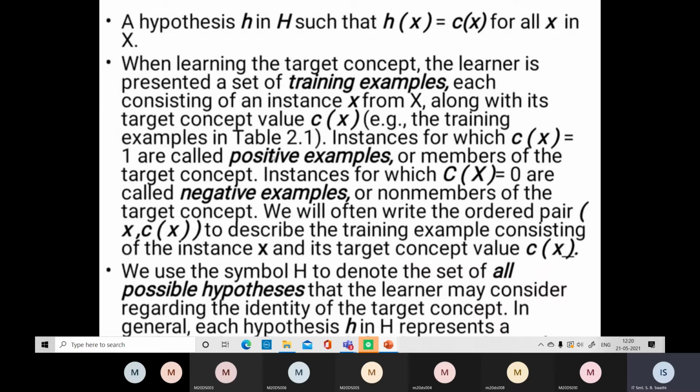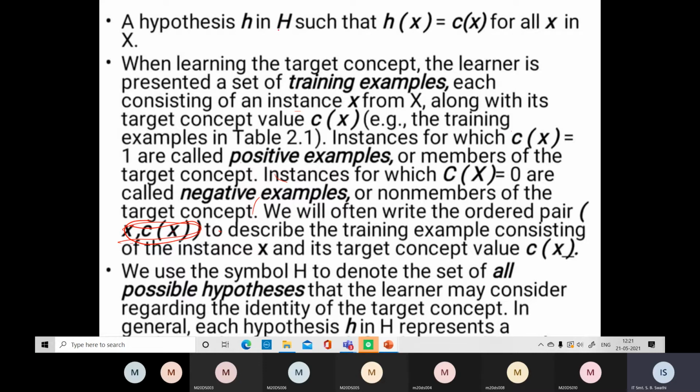And we write the input and output as an ordered pair, represented as x comma c of x, input and output. For each instance, we will generate a small h.